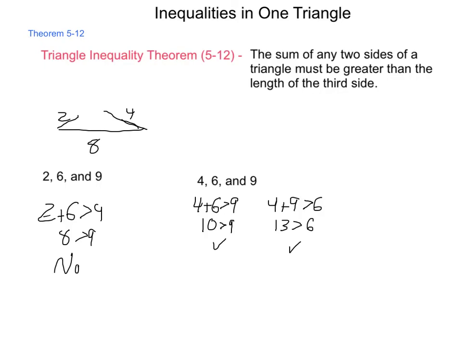That checks out. Last is 6 plus 9 greater than 4. Well, both 6 and 9 individually are greater than 4, but 15 is greater than 4. That checks out. So yes, these three lengths could be used for the sides of a triangle.